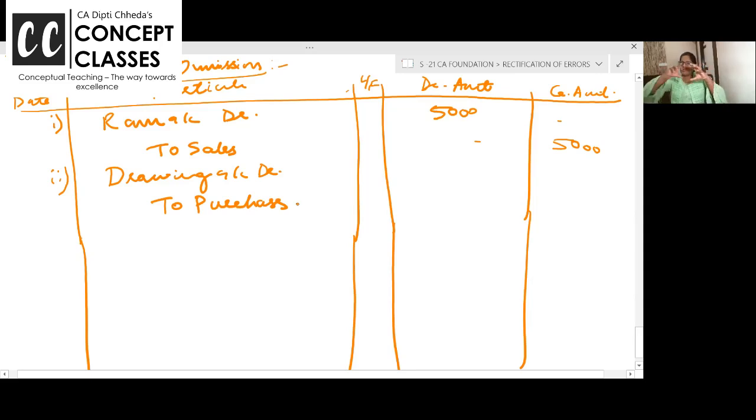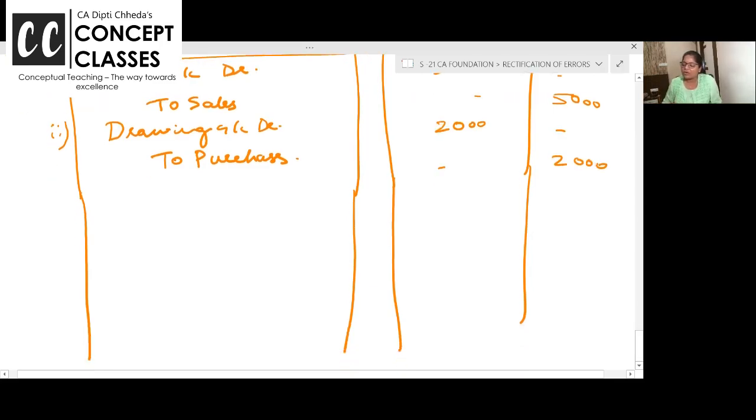You have purchased the goods to sell, or it is in stock. Now these purchases, neither they are sold nor they are in stock. Where did this purchase go? Taken by the proprietor. So drawings to purchases. Otherwise it could be drawings to cash if he is taking cash. But this time he is taking stock.